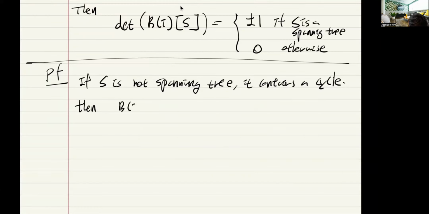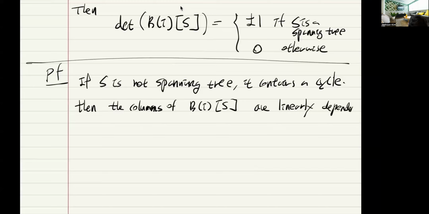Then what? The columns of these are linearly dependent. So the determinant is 0.